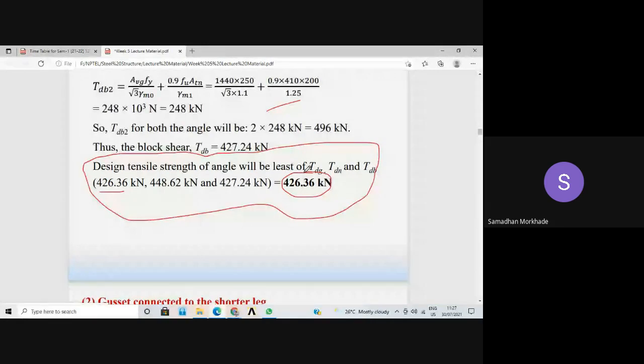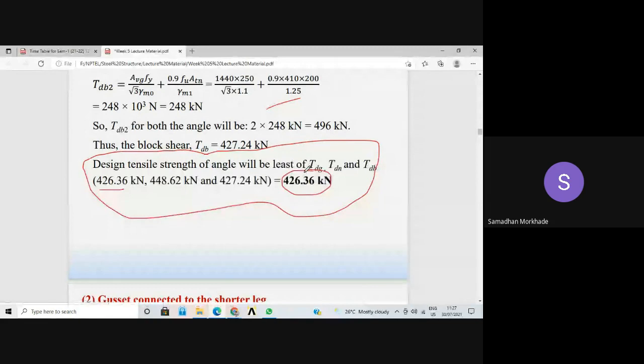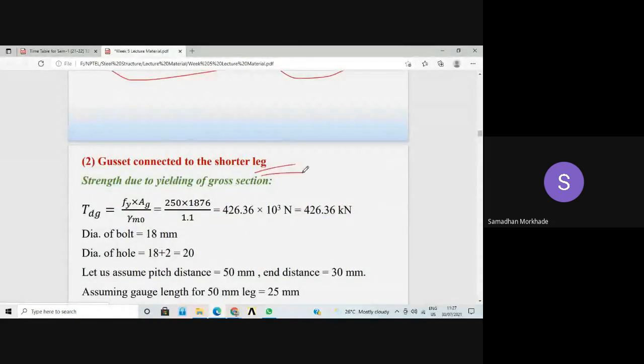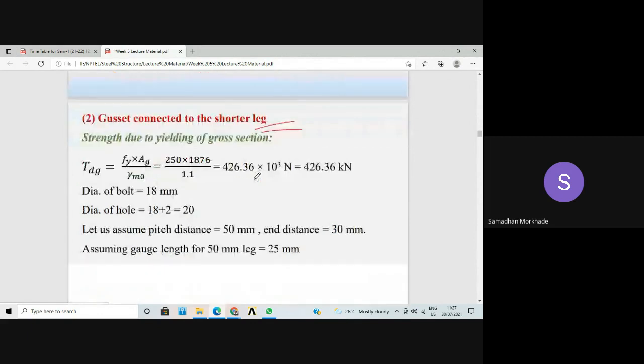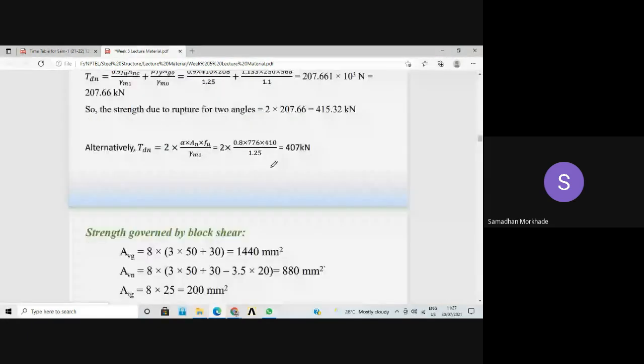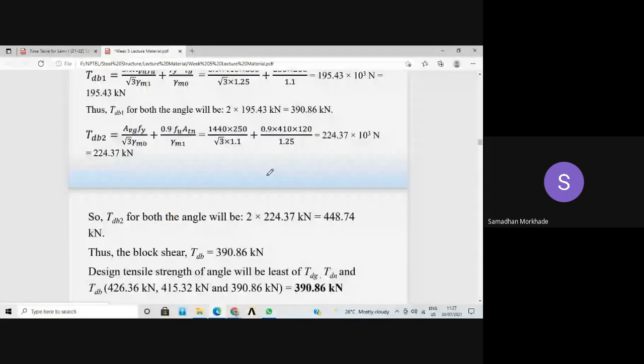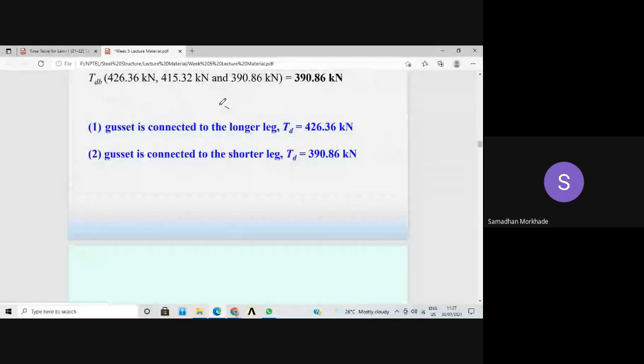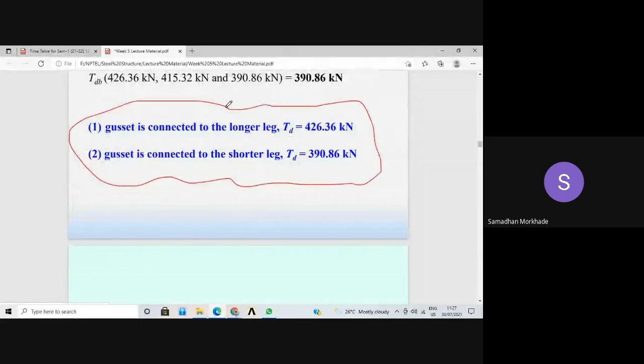One is that the longer leg of the angle is connected to the gusset plate, and the second is that the shorter leg is connected to the gusset plate. We compared the effect of connecting the shorter leg and the longer leg on the design tensile strength. Finally it was concluded that the load carrying capacity of the section under tension is maximum when the longer leg is connected to the gusset plate.